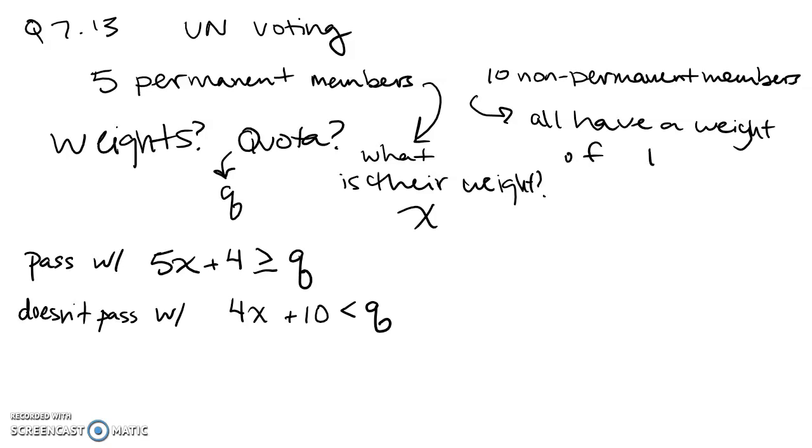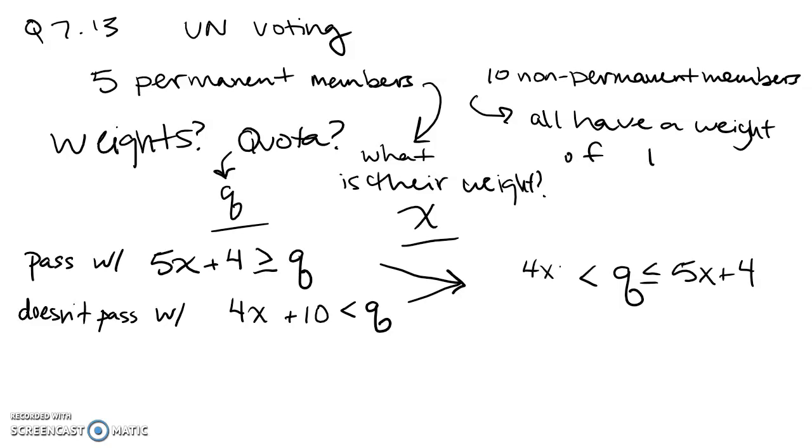So our question becomes, can I find this X and this Q that make these work? We could do a little guess and check, or we could put these two together to see some interesting things. I see that Q is less than or equal to 5x plus 4, but it's bigger than 4x plus 10.